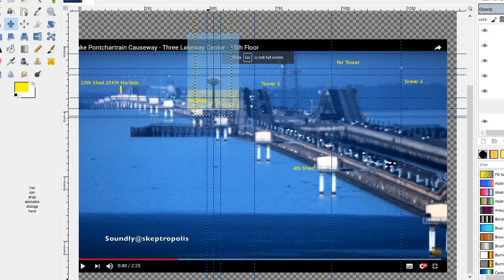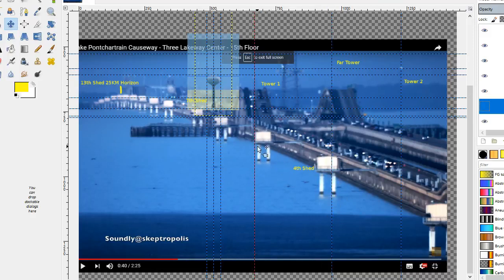The thing about the bridge, though, is because we're seeing, you know, fairly close on the bridge, like these first few sheds are only 6 or 8 kilometers away from the hotel. So if I even move the actual viewer location from one extreme to the other side of the hotel, that changes the angles to these.